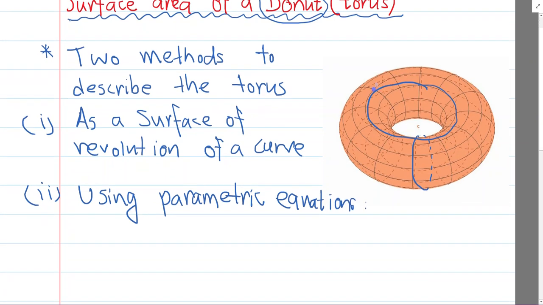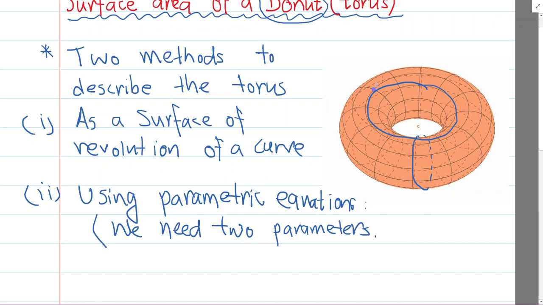The torus is a two-dimensional surface. Two-dimensional means we need two parameters to describe the equation.